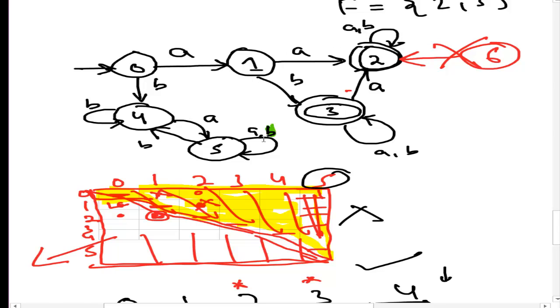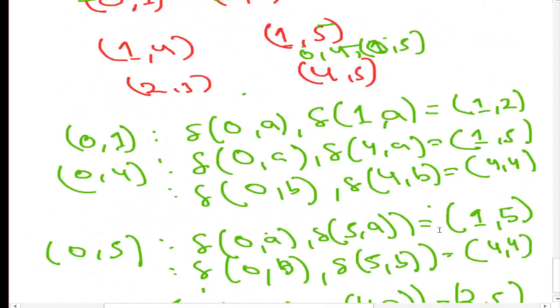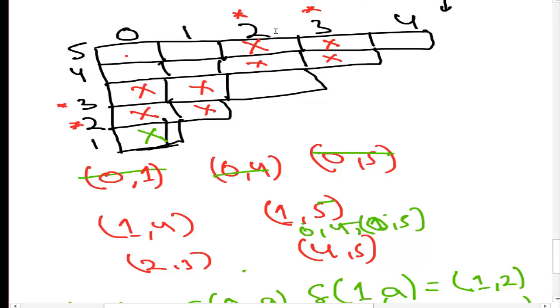That's 2 5. Now let us see from the table, is 2 5 marked or not? 2 5 is marked. So if 2 5 is marked, 1 4 should also be marked by induction. So 1 4 needs to be marked. So we will mark this one as marked by induction. Okay, so we are done with the 1 4.